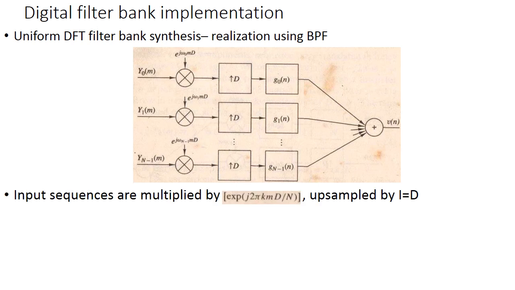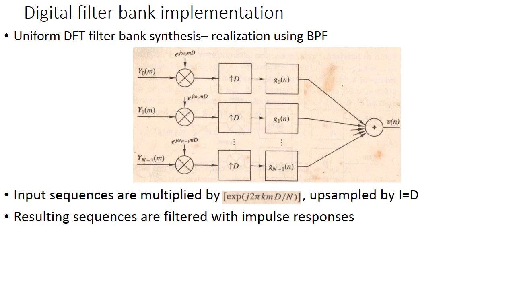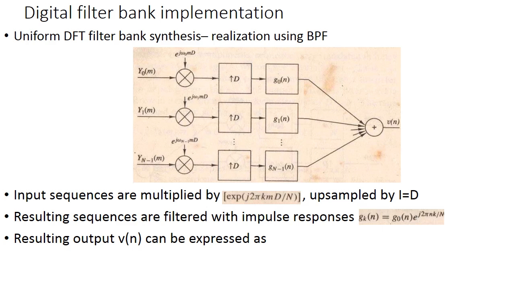And so input sequences are multiplied by e raised to j 2 pi k mD by N and upsampled by I is equal to D. The resulting sequences are filtered with impulse responses gk of n is equal to g naught of n into e raised to j 2 pi nk divided by N. So then we have our time domain signal as follows.